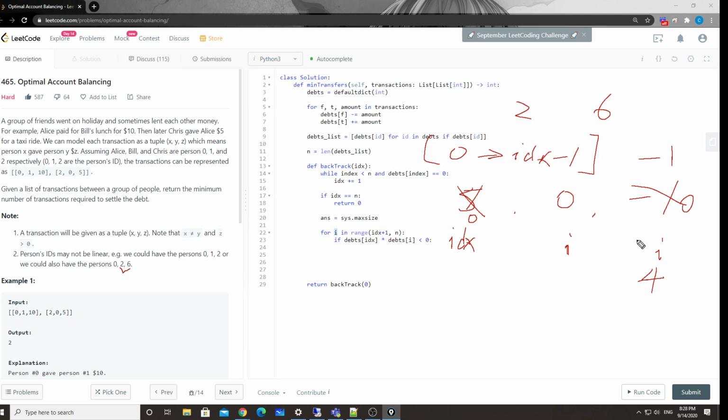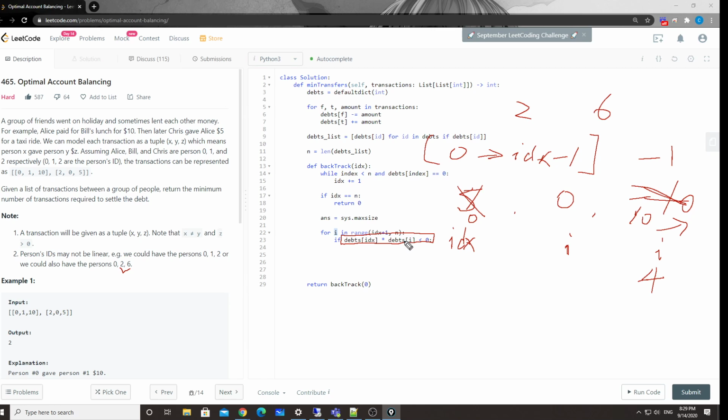But still, we are trying to settle the other persons. If this person has a non-negative debt, say a positive 10, it doesn't make sense to settle with them, because after giving them the 5, their debt would keep increasing. So there's a greedy intuition here: we find the opposite-signed debt to settle the current one.